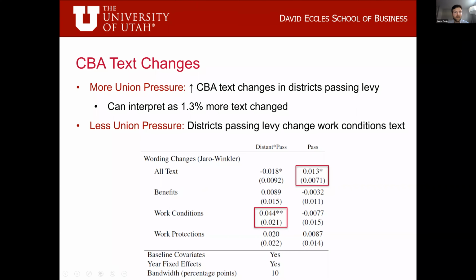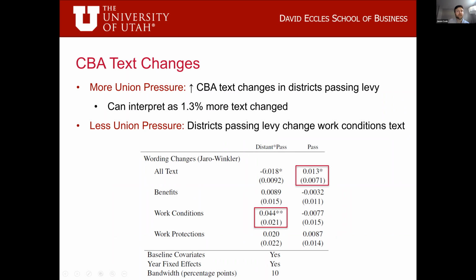The districts that get this new influx of resources under more union pressure change more of the overall text. About 1.3% of the text is changed in these overall documents. That is not the case for distant districts, so the positive effects here are basically counteracted by the negative here.